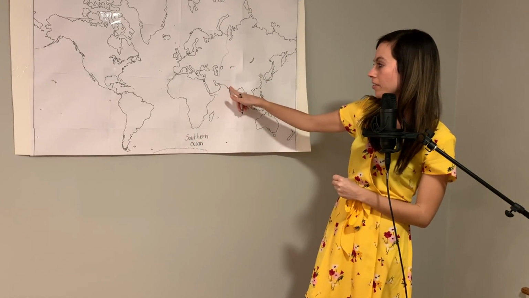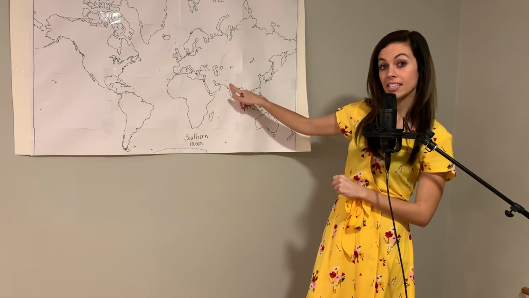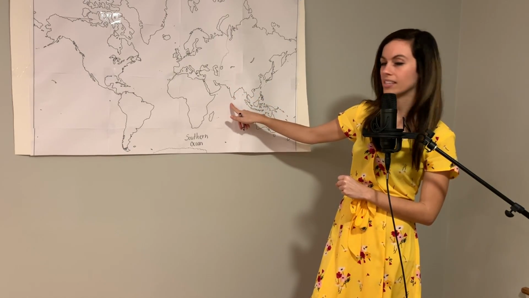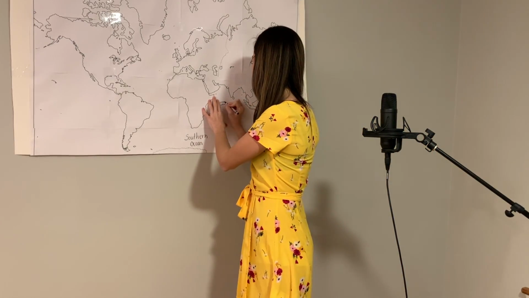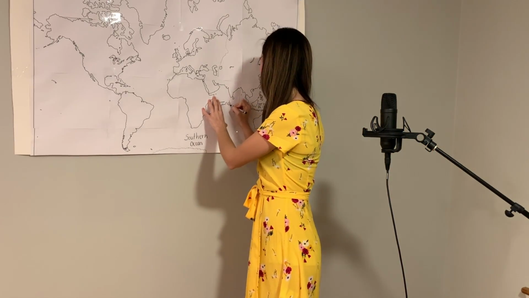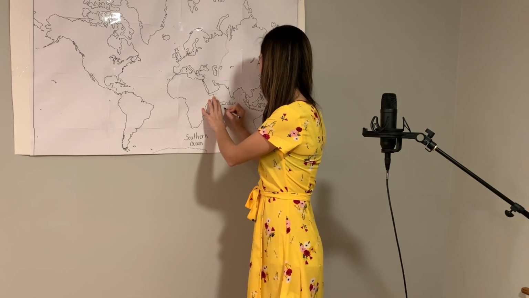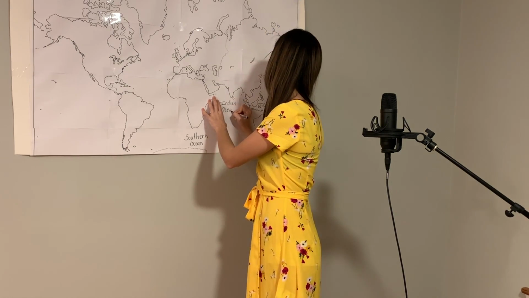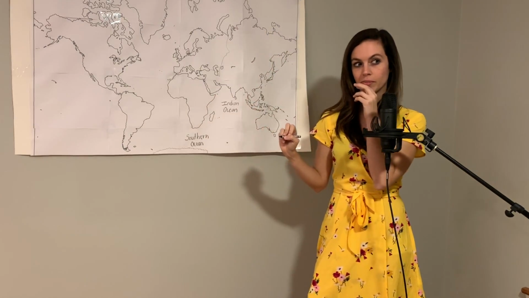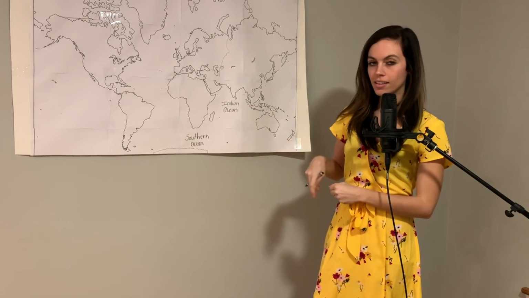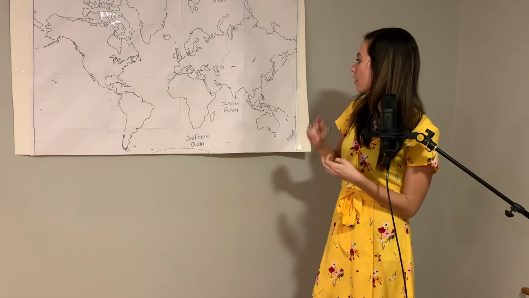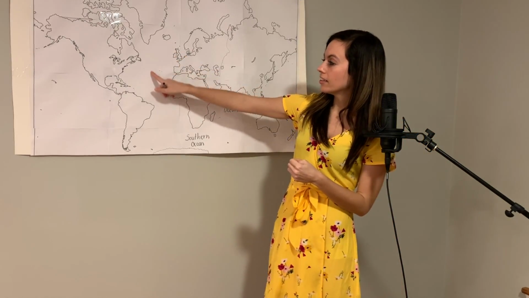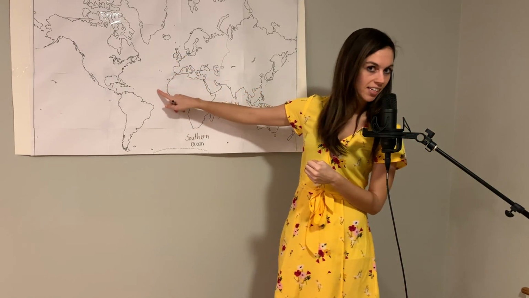And I know that this country right here is India, so this is the Indian Ocean. We always want to make sure that we capitalize the names of our oceans because they're names of specific places. Right here is our Atlantic Ocean.